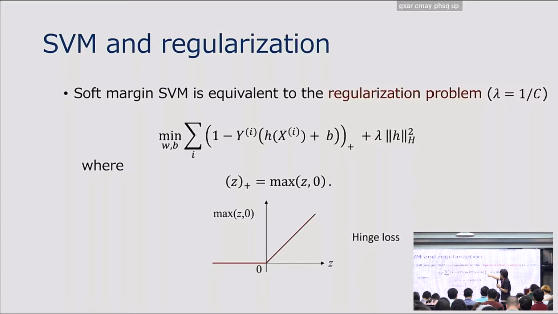And this function, bracket plus, is this type of function. If this is negative, the value is 0. And if this is positive, it is exactly the same as this value.